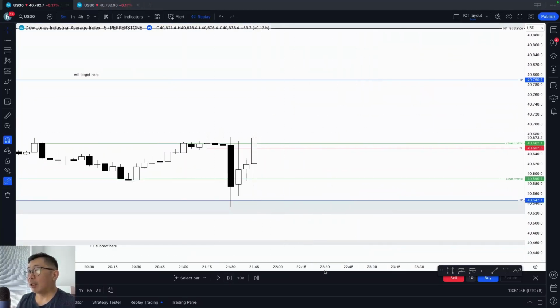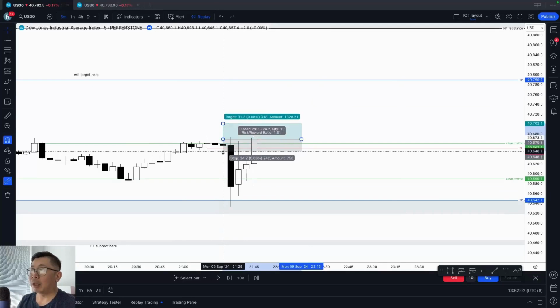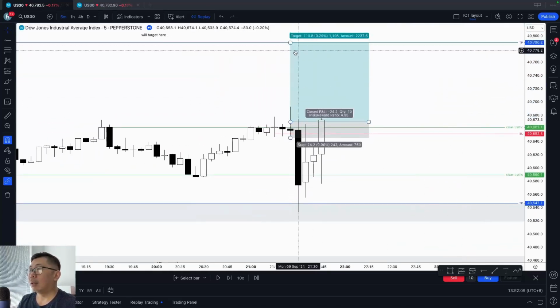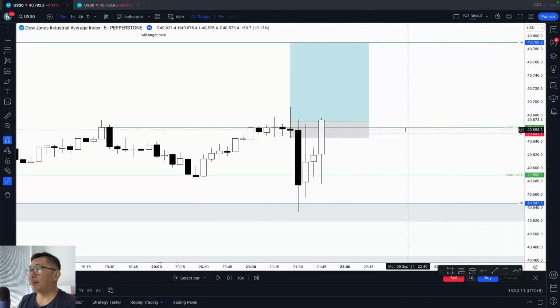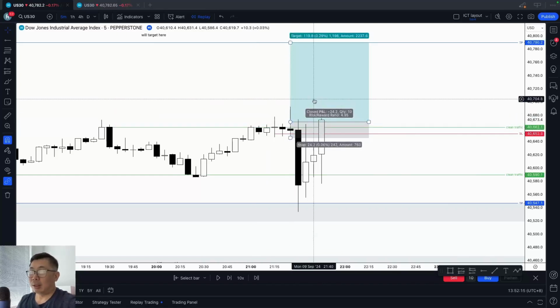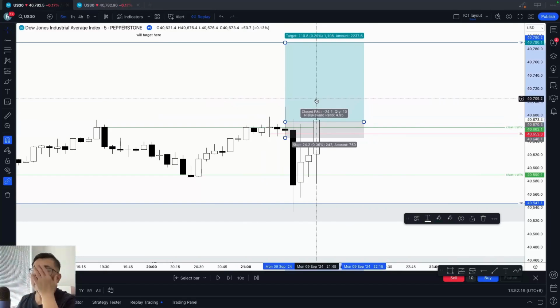Anyway, that's pretty much how it looked yesterday. I was going to catch that long play, but then price just caught me. It was purely a rookie mistake, really, really a rookie mistake. I was so annoyed.